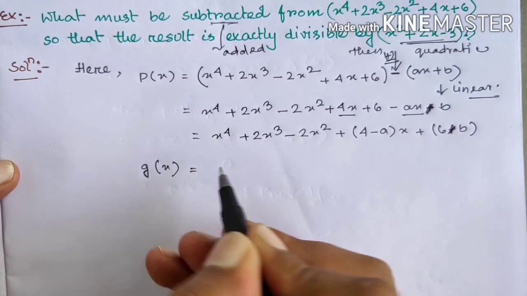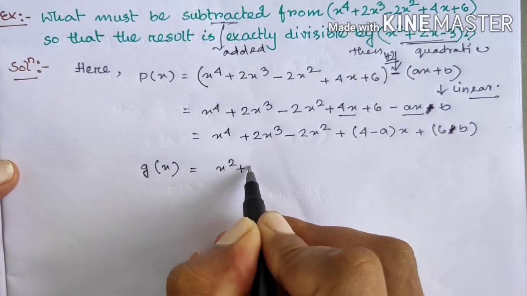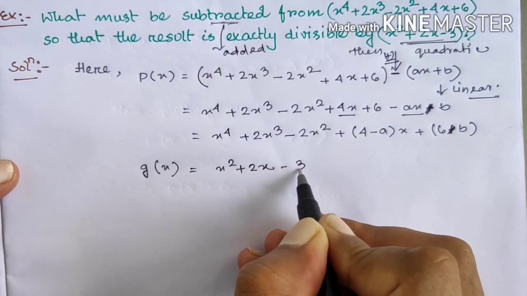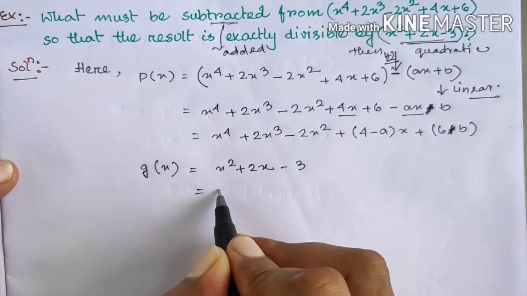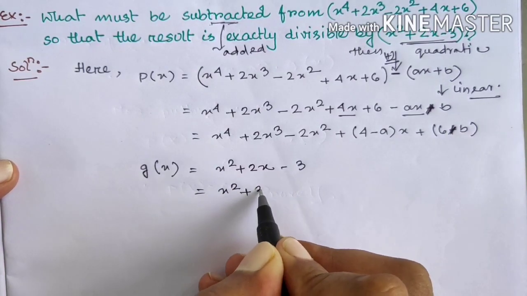Here g of x equal to x square plus 2x minus 3. Just factorize that and we get x plus 3 into x minus 1.